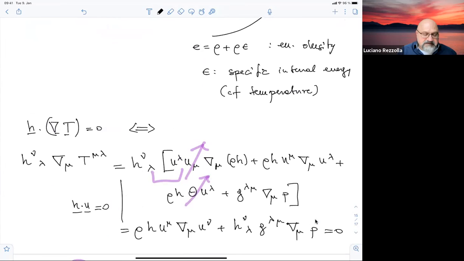So epsilon, if you think about a classic gas like the one you're breathing right now, is directly related to the temperature. It's a different way of expressing the temperature. In the case of a classic monatomic gas, it has to do with the Boltzmann constant. The two are related.